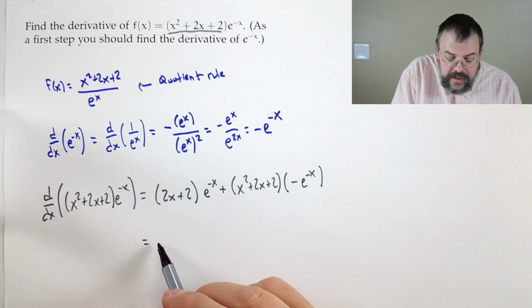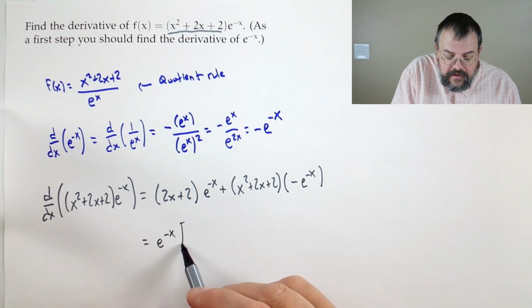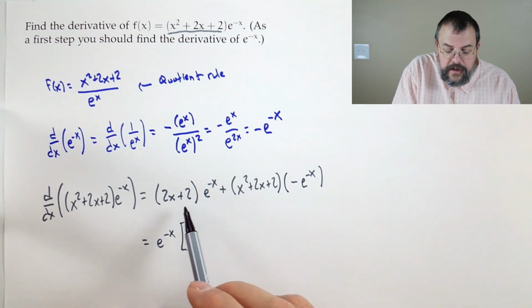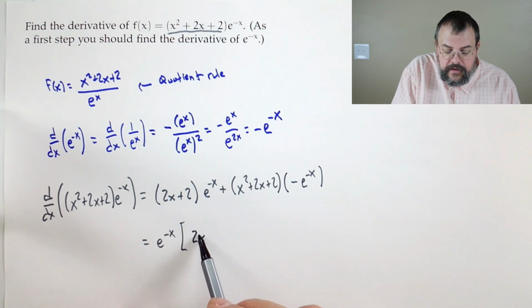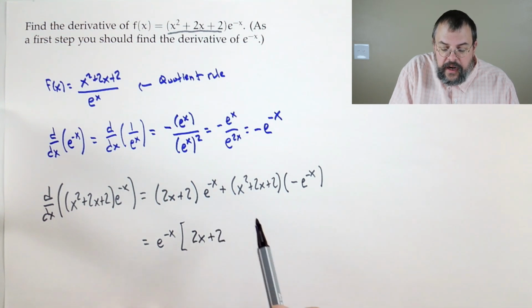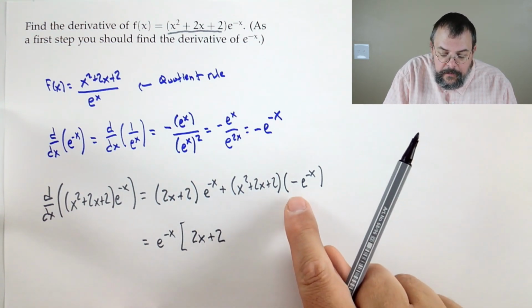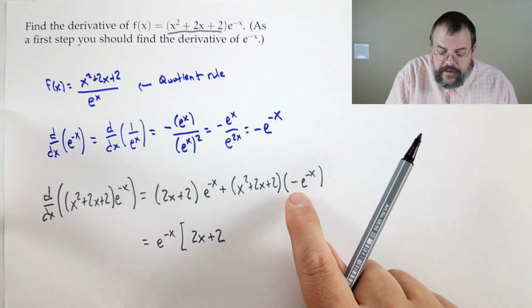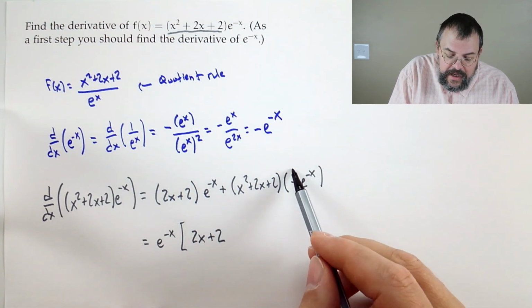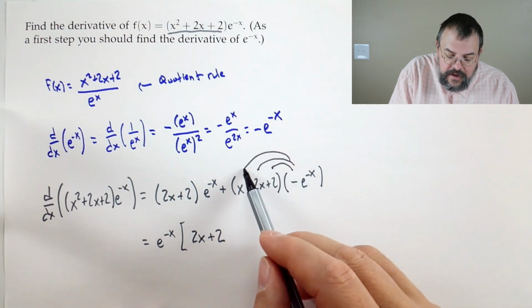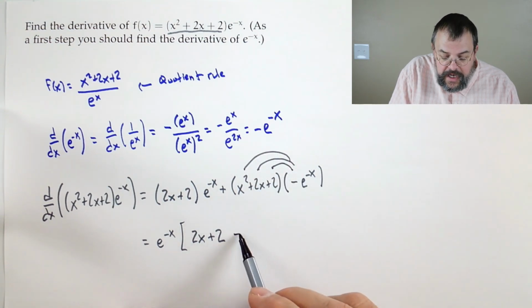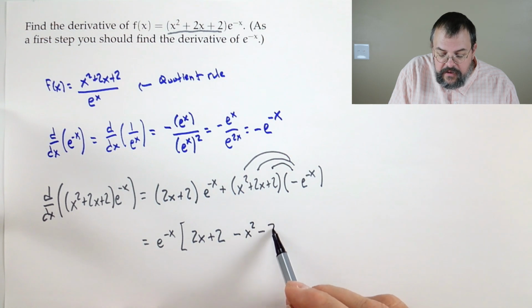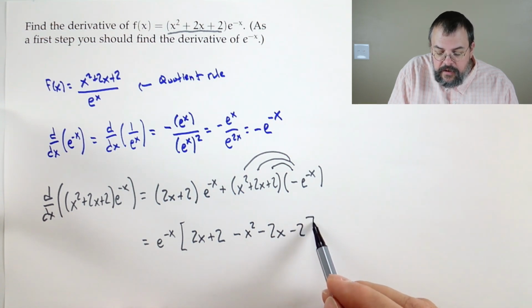Let's factor out e to the minus x and see what's left. So here we'll have 2x plus 2. On the end, don't forget that minus sign. Sometimes the minus is up front, but this one is in the back, so that minus sign didn't get factored out. So it's going to distribute through. So minus x squared, minus 2x, minus 2.